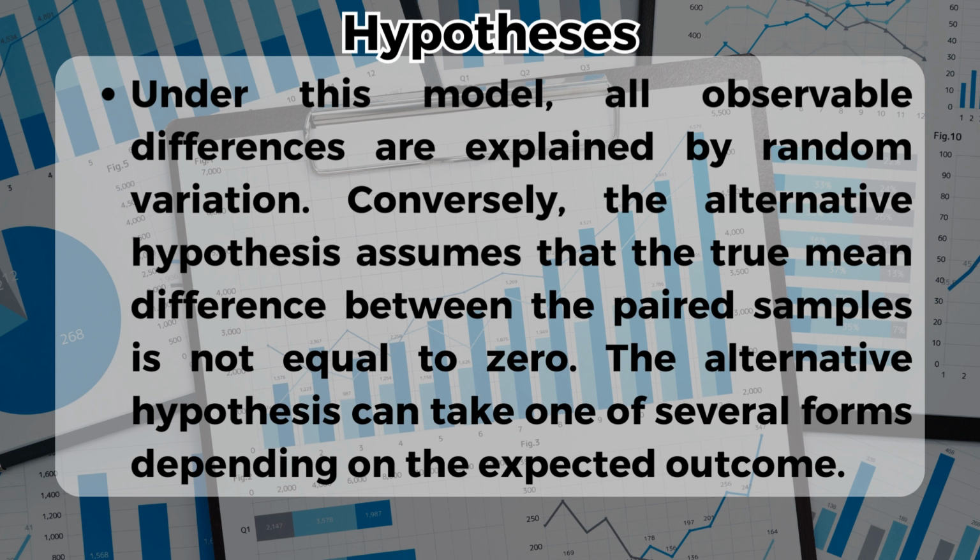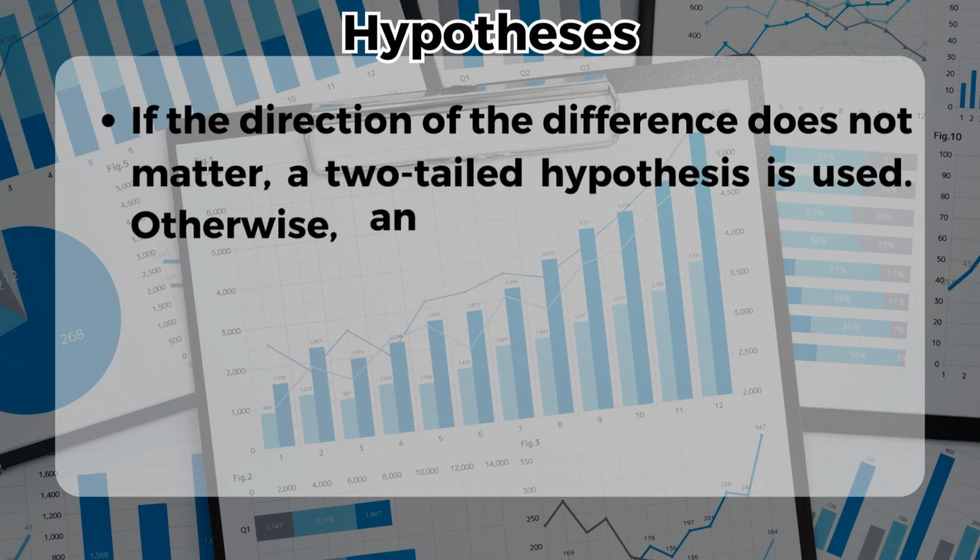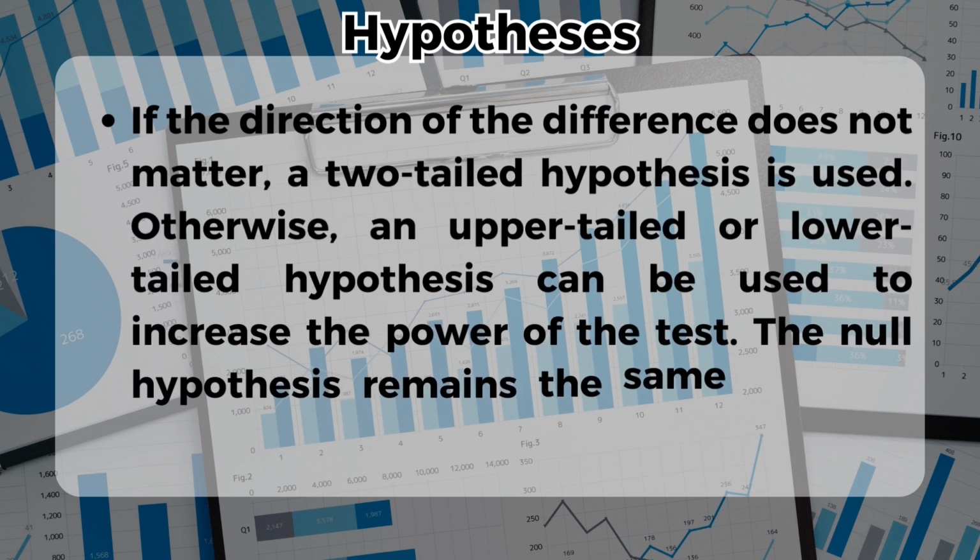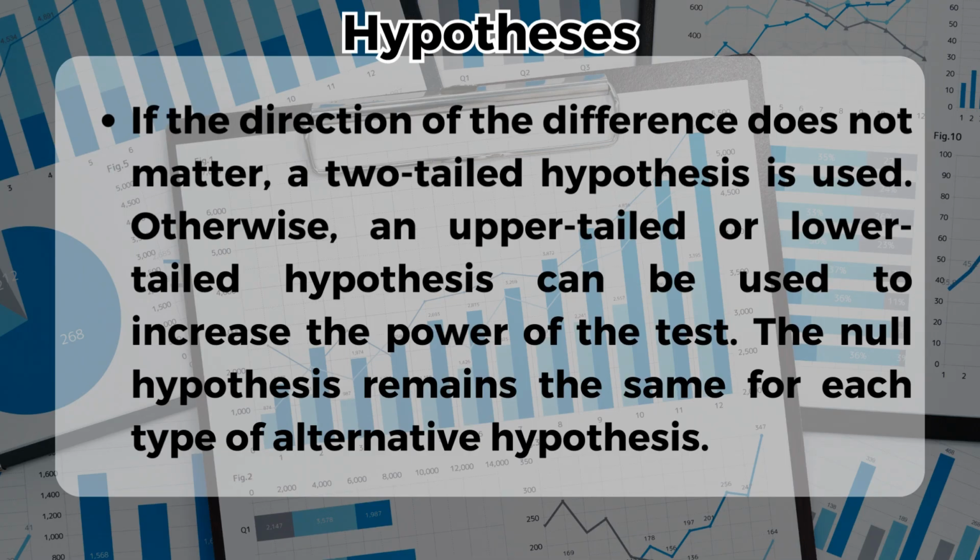The alternative hypothesis can take one of several forms depending on the expected outcomes. If the direction of difference doesn't matter, a two-tailed hypothesis is used. As I have already discussed, if we go for a one-tailed test, it means that we are sure of the direction of the relationship, while when we are not sure about the direction, we can go for the two-tailed hypothesis, in which the relationship can go either way.